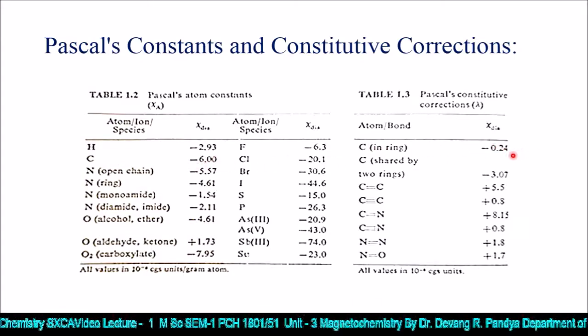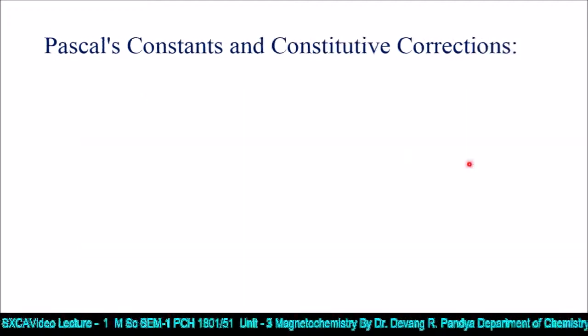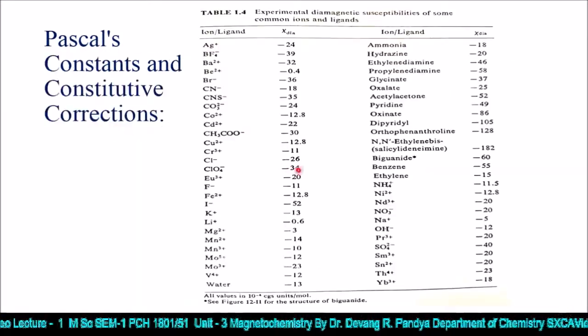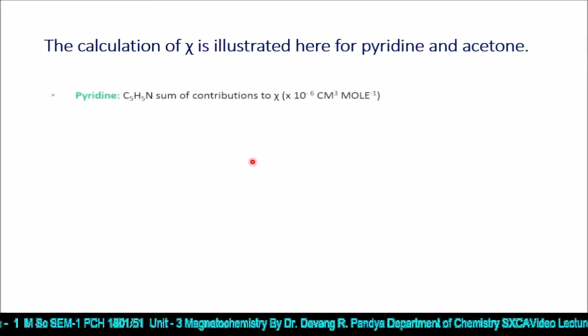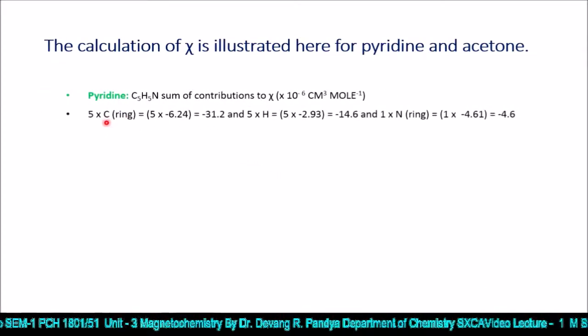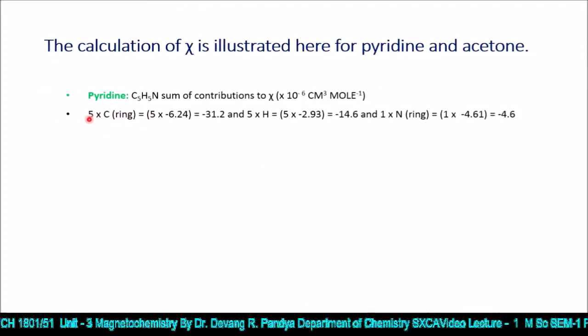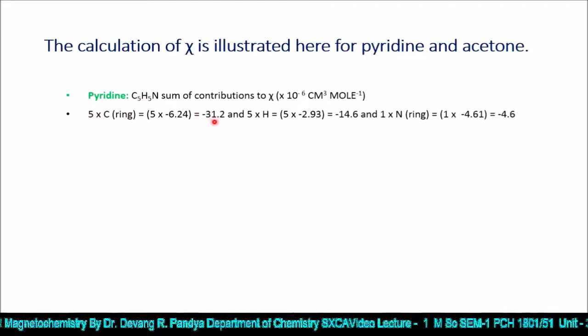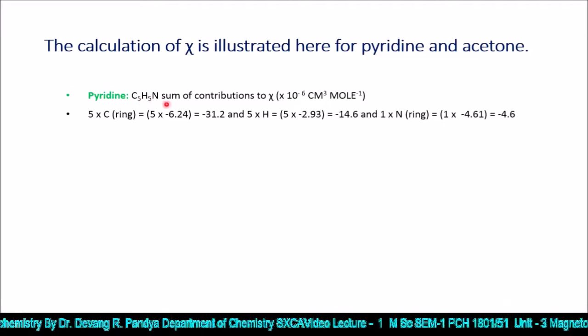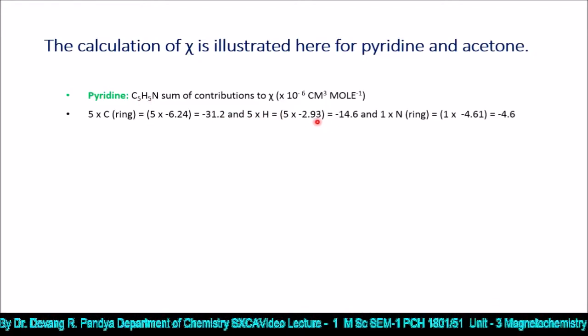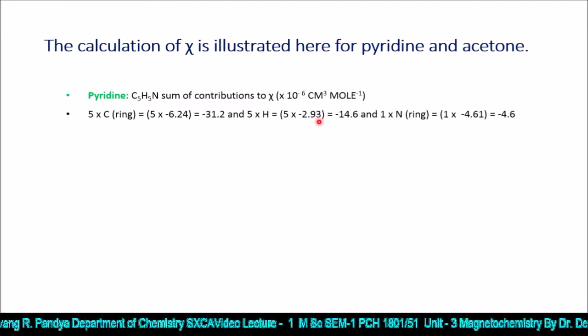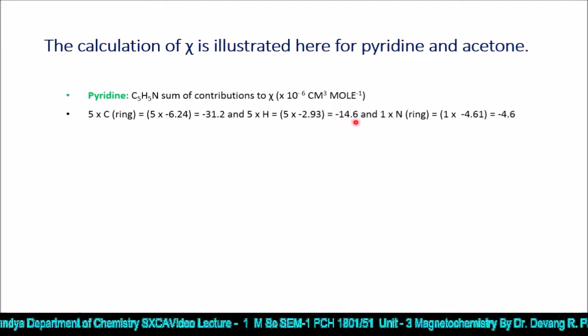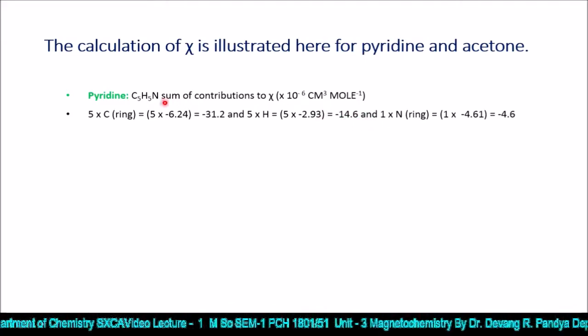So 6.24 is how the value of carbon in the ring is obtained, and that is multiplied 5 times because C5 is there. So we are getting minus 31.2, and for hydrogen 5 into the H value, that is minus 2.93, so we are going to get minus 14.6, and one nitrogen.